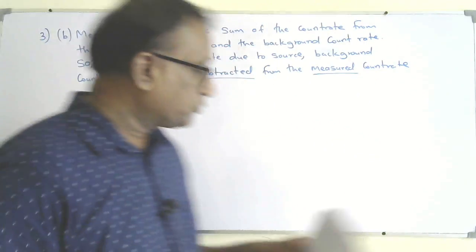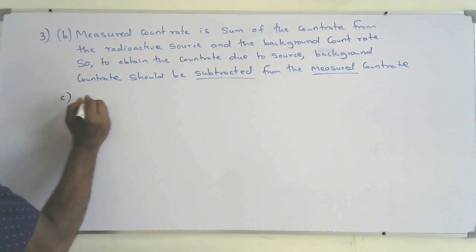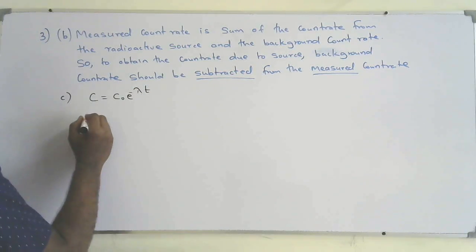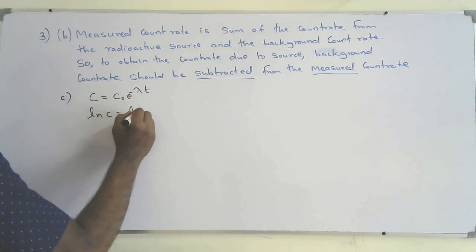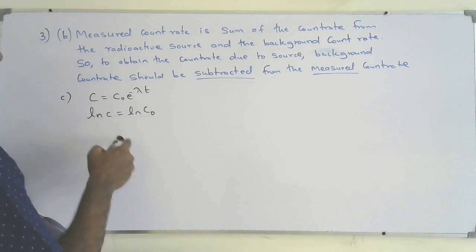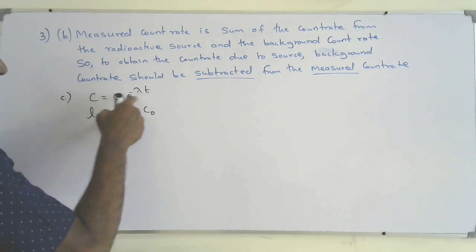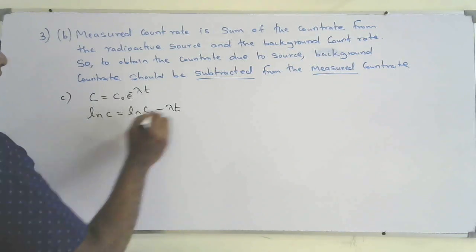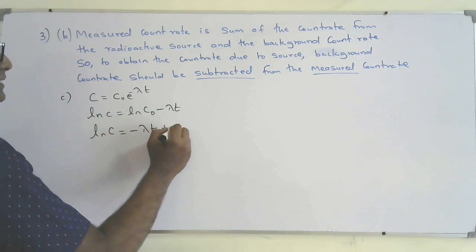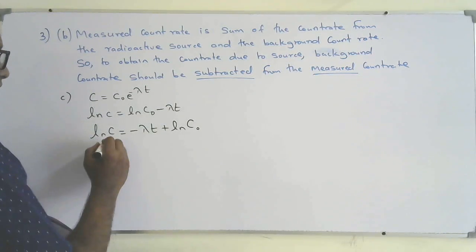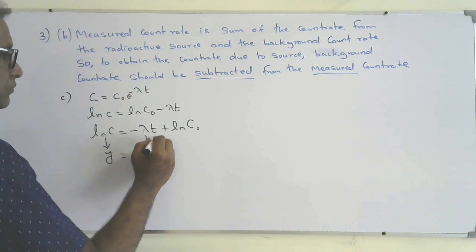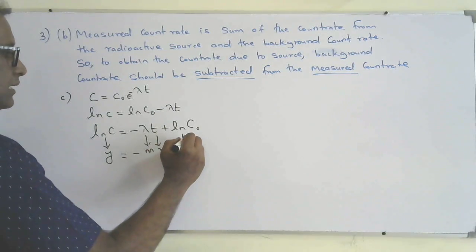So C equals C naught e to the power minus lambda t. Taking the natural logarithm, ln C equals ln C naught plus ln of e to the power minus lambda t, which will be minus lambda t. So ln C equals minus lambda t plus ln C naught. This is in the form of y equals minus mx plus c.